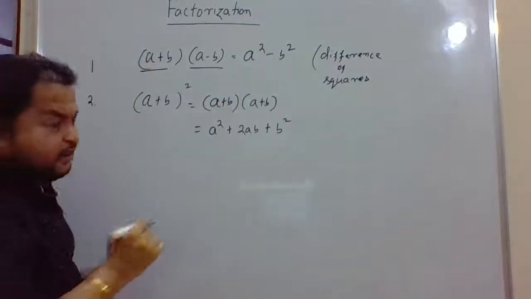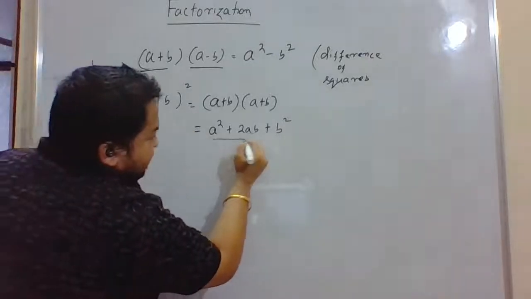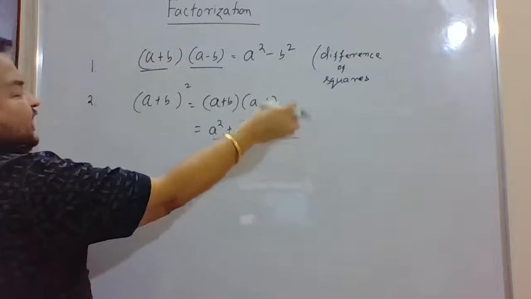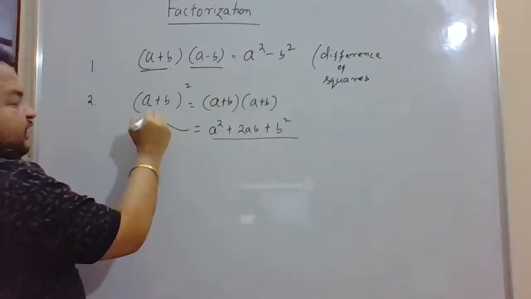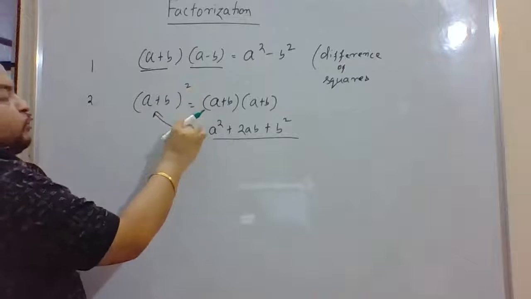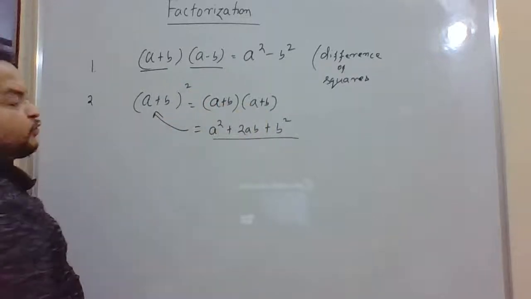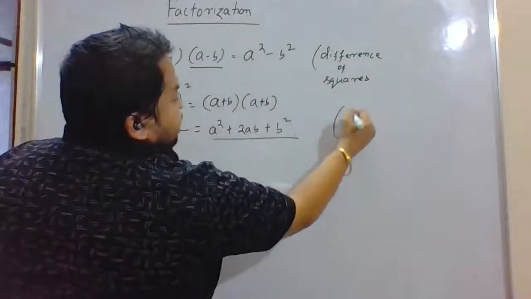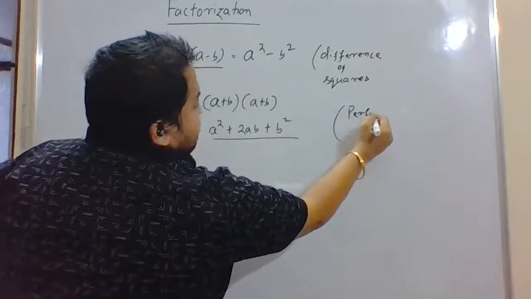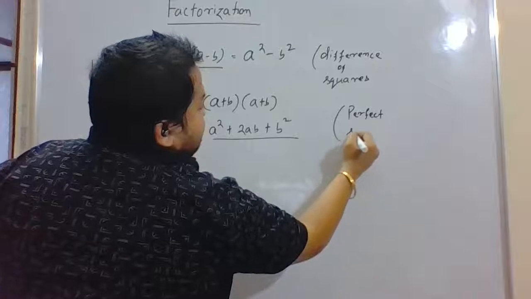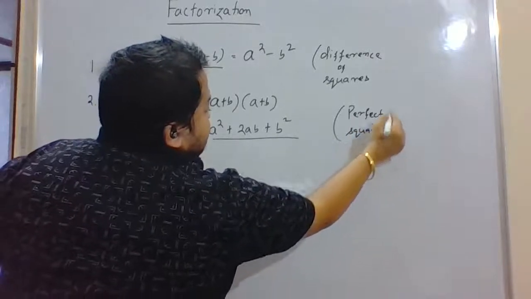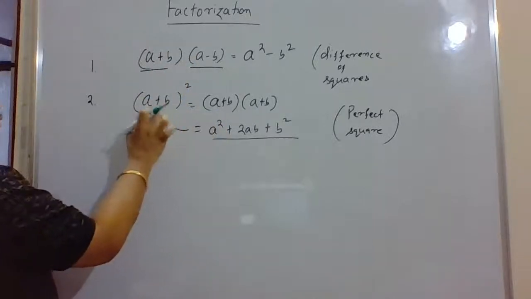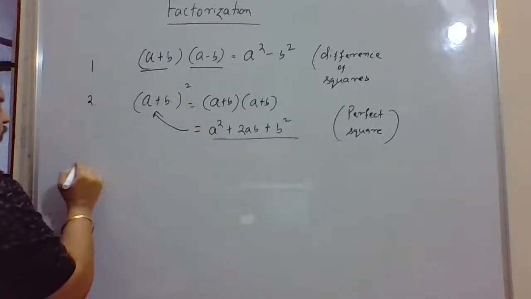So if my expression is in the form of a squared plus 2ab plus b squared, then I can factorize that as a plus b whole square. We'll again see how. So this we say is a perfect square, because obviously it's a whole square, so one expression is multiplied two times.